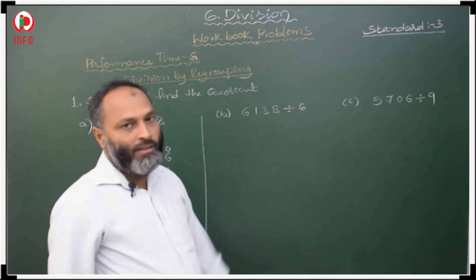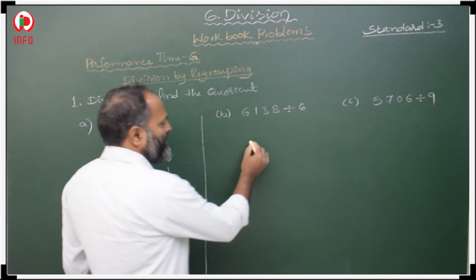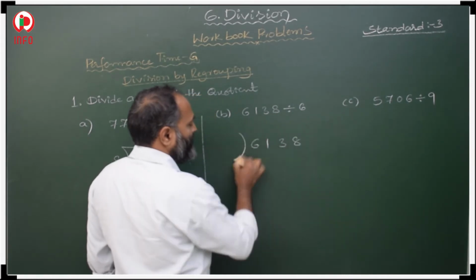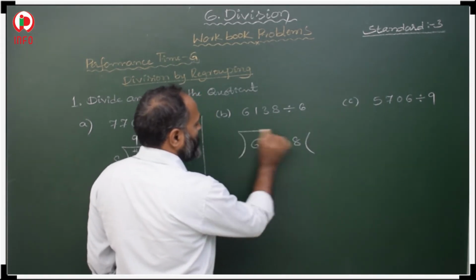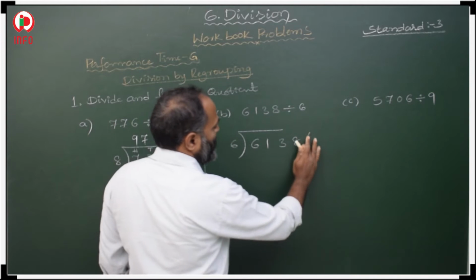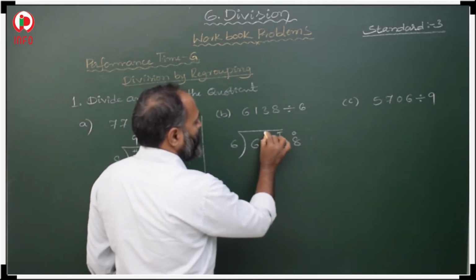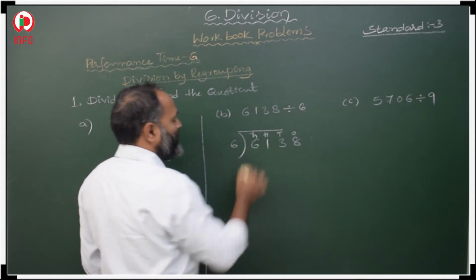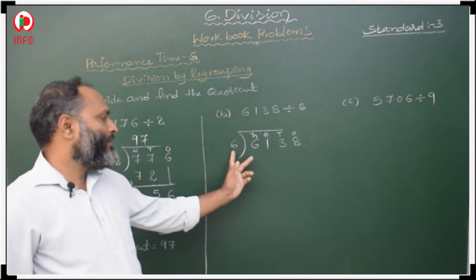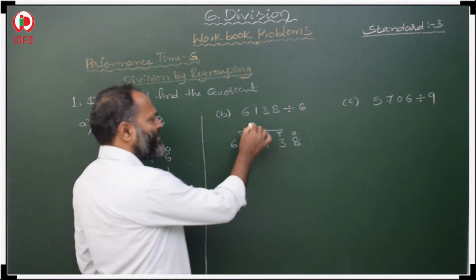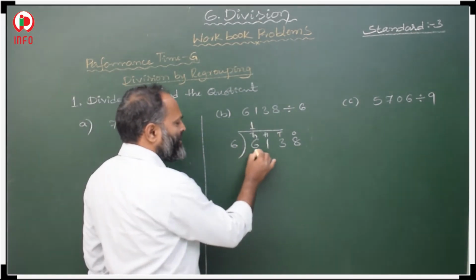6138 we have to divide by 6. First 1's place, 10's place, 100's place and 1000's place. In the 6, when will you get this 6000's? 6 1's are 6.